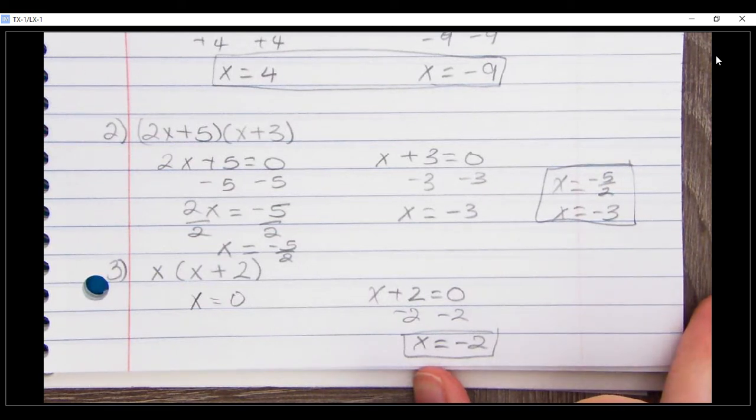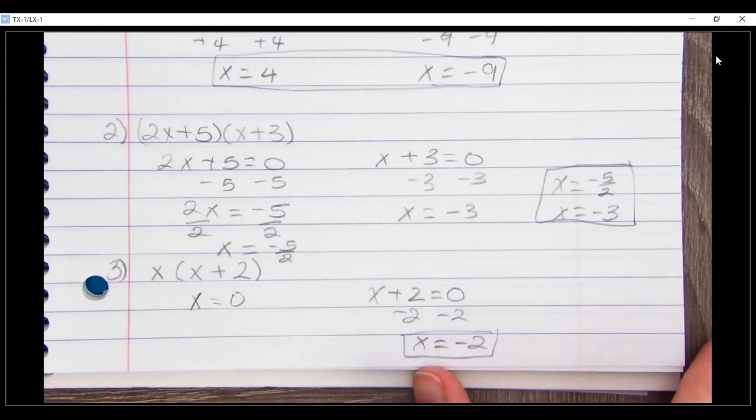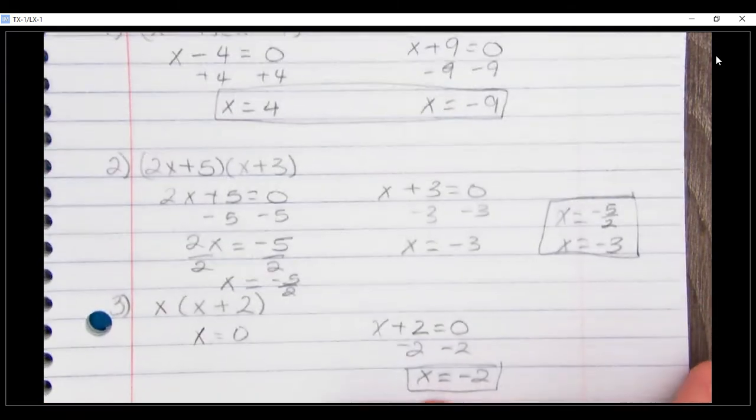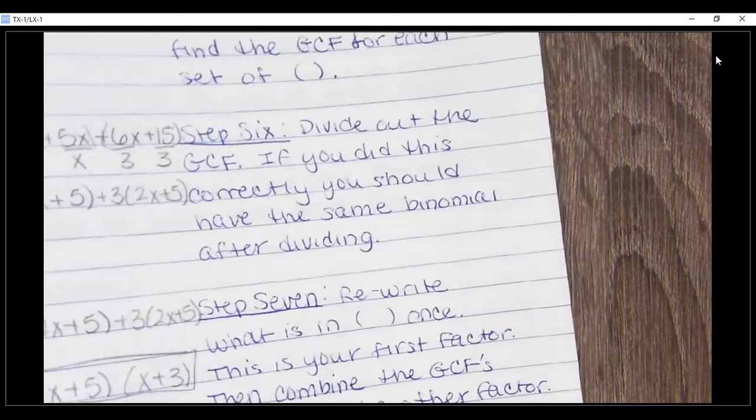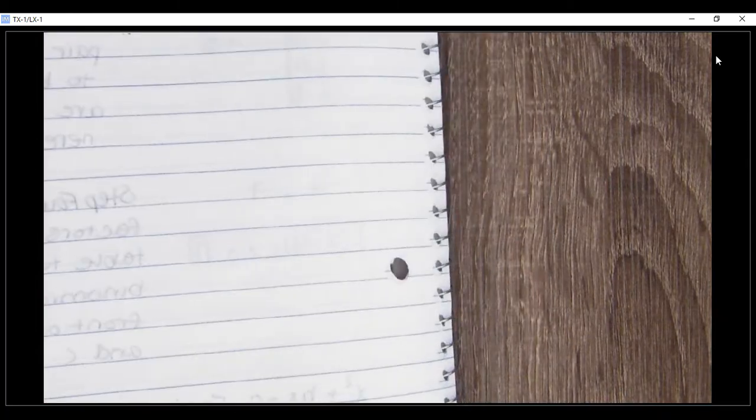I will say that all factoring is just the opposite of what you've done. So if you take what you factored out, let's go back to our previous example. There we go.